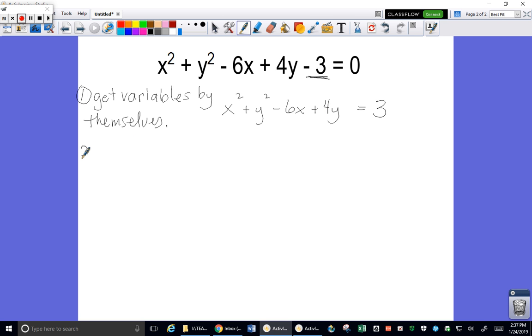Our next step is we want to get your like variables together. So the x's are going to get together right next to each other, and the y's are going to get next to each other as well. Get like variables together.